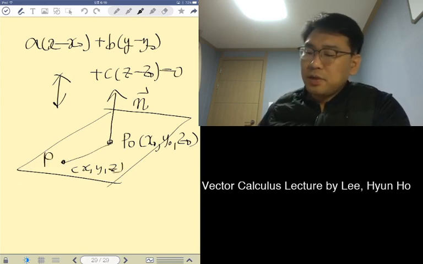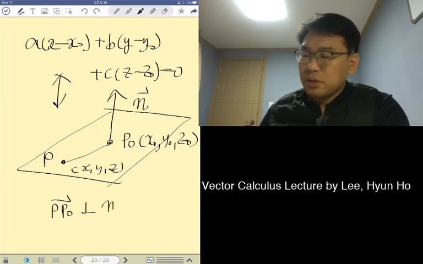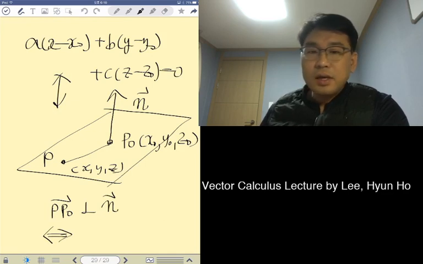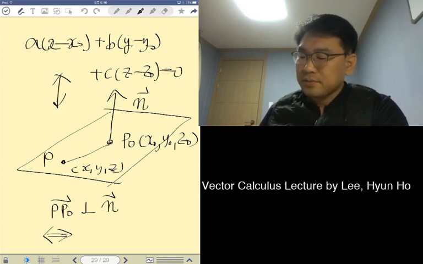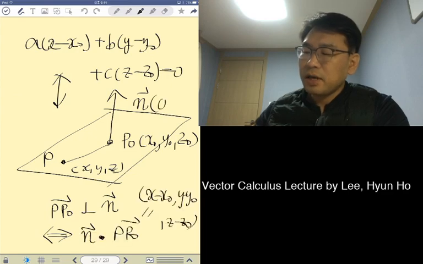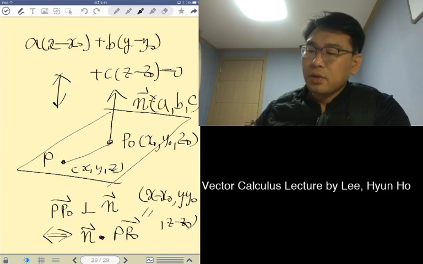So this means that the vector p minus p0 is perpendicular to the normal vector, which is another way of saying the inner product is equal to 0. So the normal vector, taking the inner product with the vector p minus p0, which is x minus x0, y minus y0, z minus z0, and the normal vector is a, b, c.